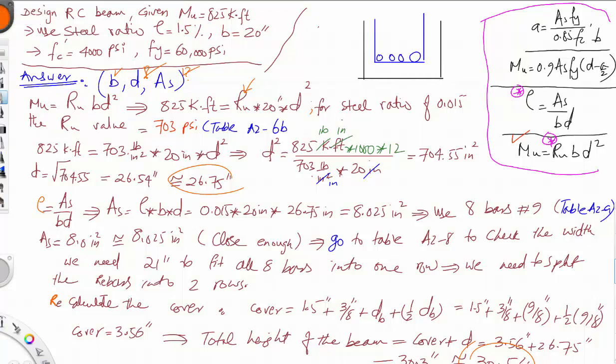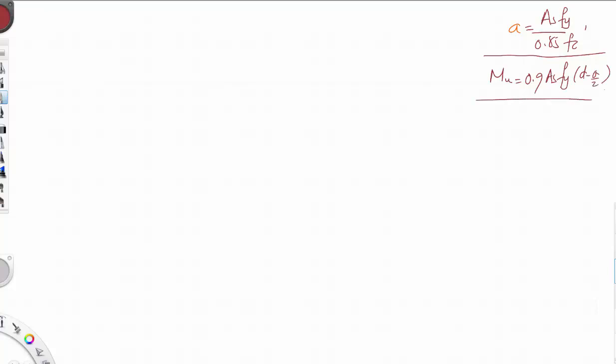So let's do for this one, again, the equations that we had: one of the equations has a equal to area of steel Fy divided by 0.85 Fc prime, and this will serve this equation Mu equal to 0.9 area of steel Fy d minus a by 2. So I need to use this equation to see how much is the actual resisting moment of the beam.